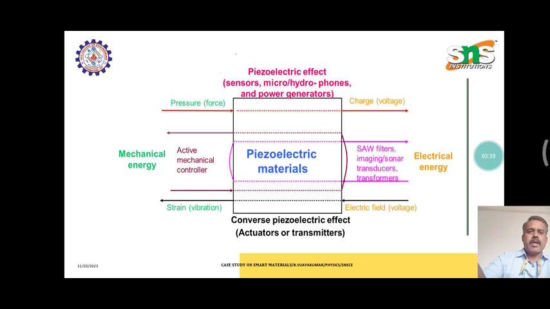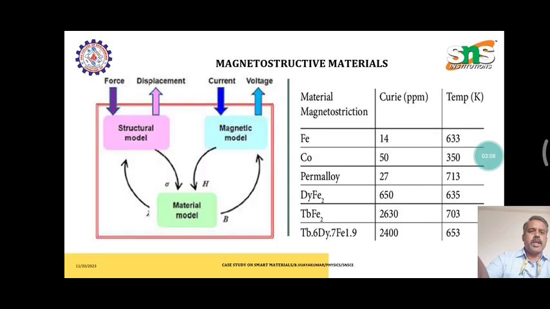The actual mechanical pressure or force changes the charge or voltage and is converted to electric energy. The vibration, which we call strain, is converted to an electric field of voltage. It is used in SAW filters, imaging or sonar, transducers and transformers. So this is one of the most application-oriented materials.